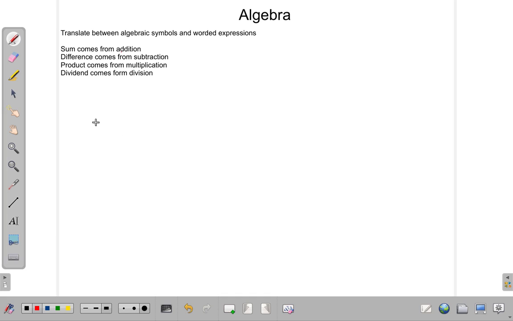Suppose I say, let me type it instead of trying to write it, I want the sum of x and y. That shouldn't be too difficult. In this case, it is x plus y. That's the sum of x and y.